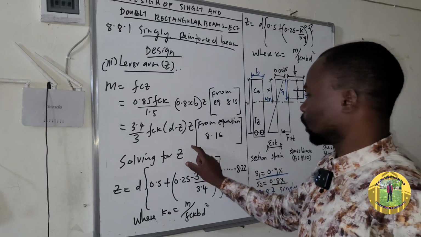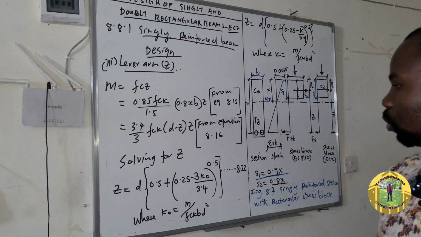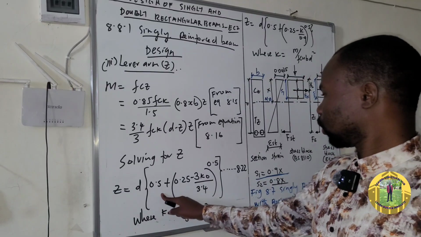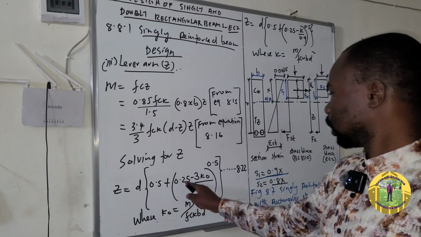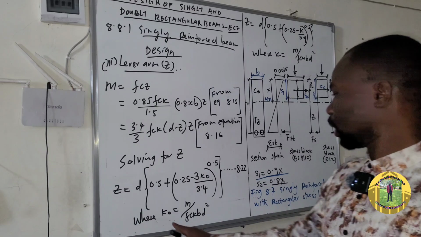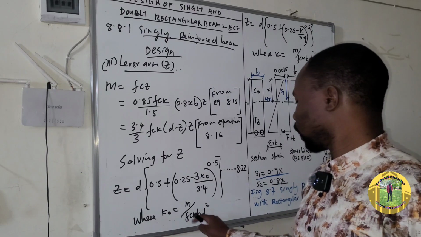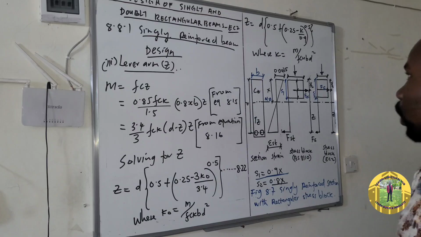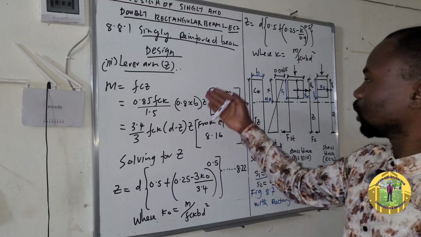Then we will solve for Z. So Z is equal to D into bracket 0.5 plus the square root of 0.25 minus K over 1.134, close the bracket, whereby K is equal to M over FCK BD squared. So you can derive this for Z.